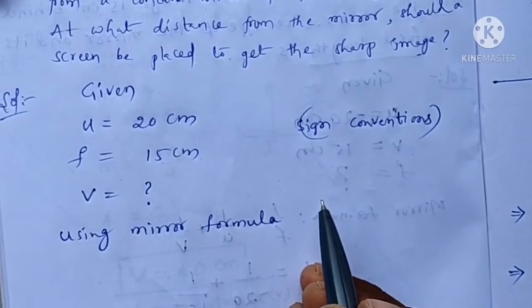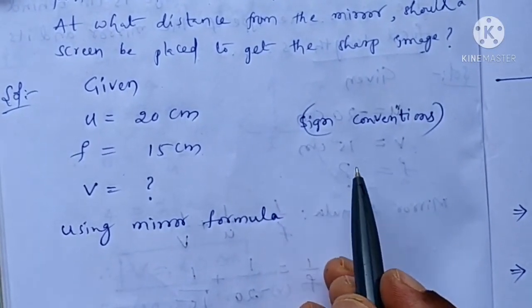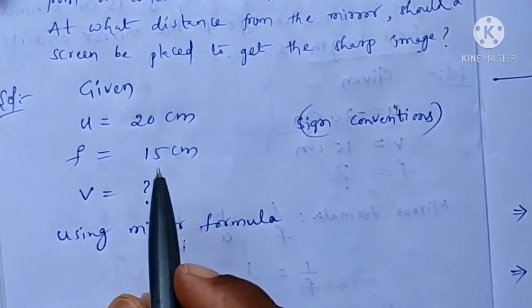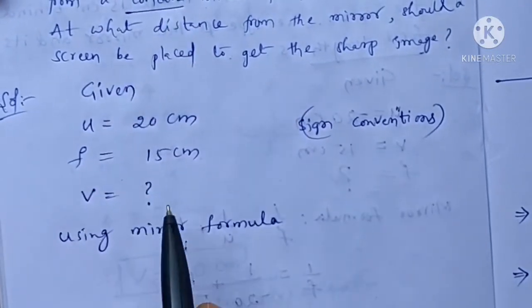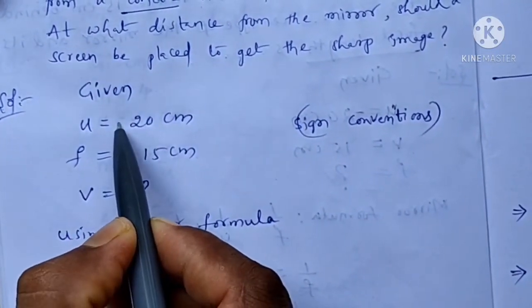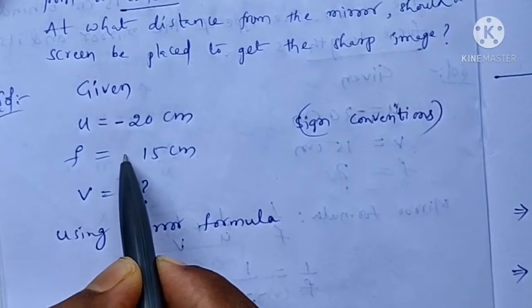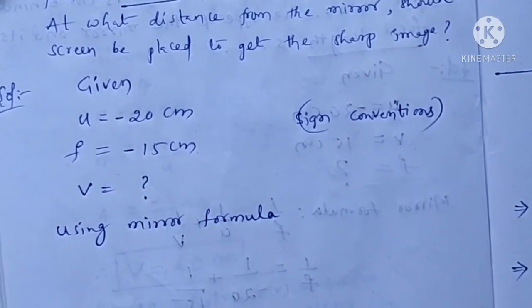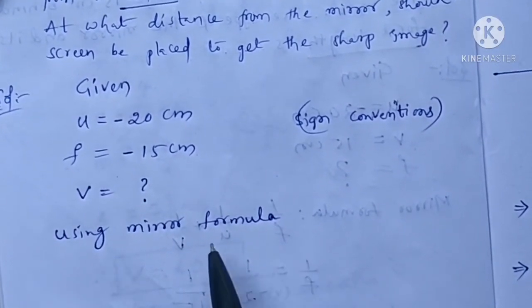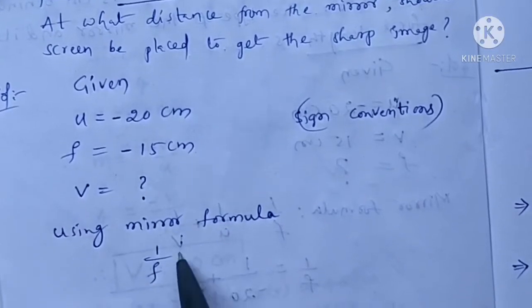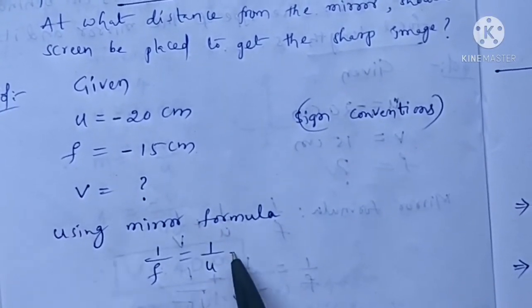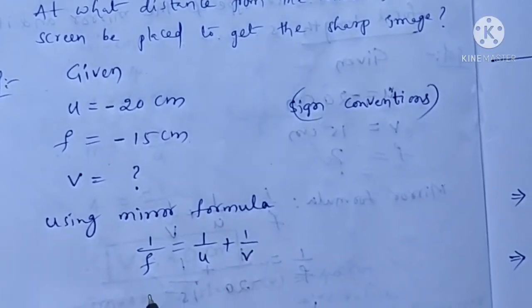Apply the sign conventions. How to use sign conventions, I already made a video, you know well, go through it. Because it is a concave mirror, the object distance is always negative, and f is also negative. So what is the mirror formula? 1 by f is equal to 1 by u plus 1 by v.